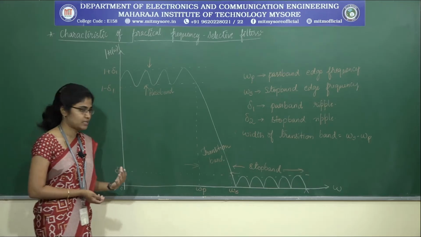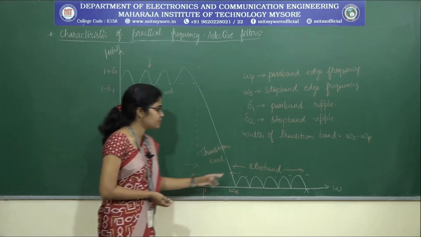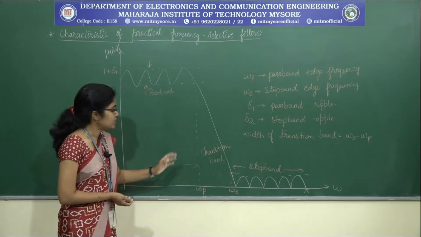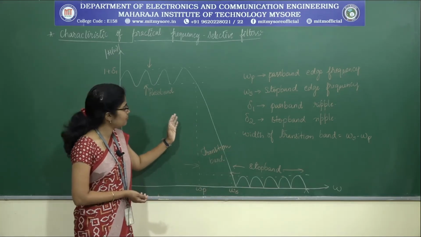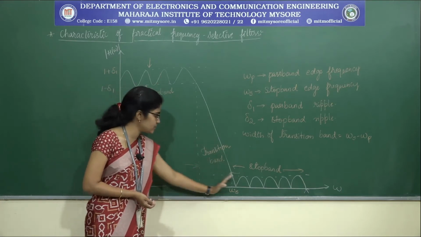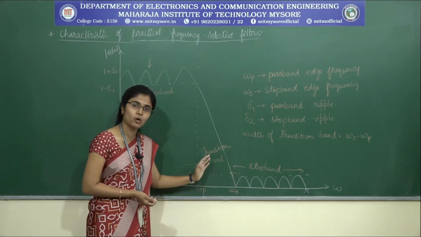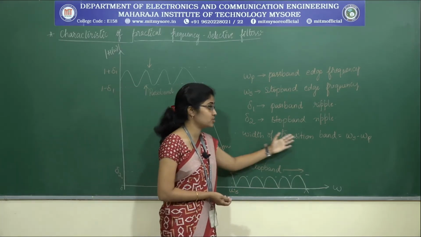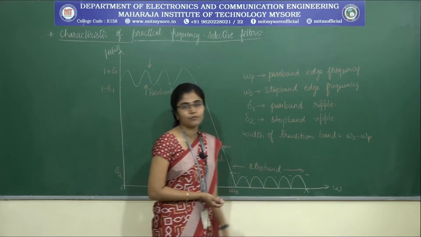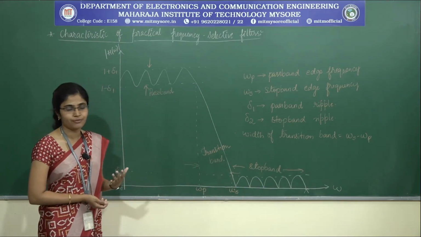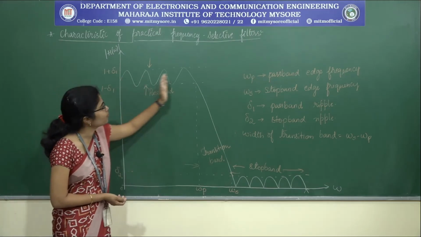Similarly, ripple in the stop band is denoted with delta 2, and the region where we move from pass band to stop band is called the transition band or transition region. Its width is omega s minus omega p, and the bandwidth of a filter is the width of the pass band.